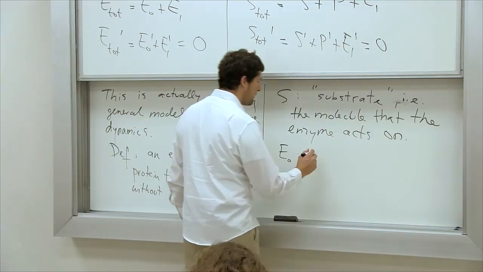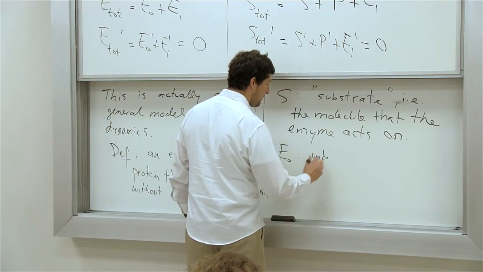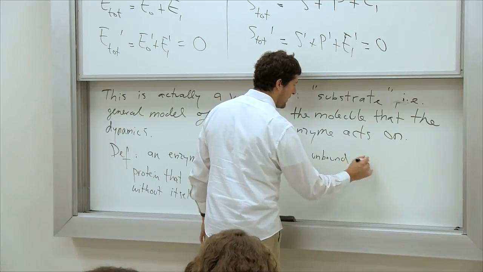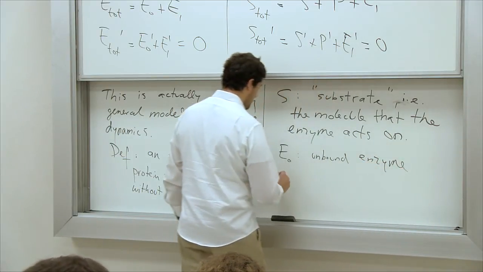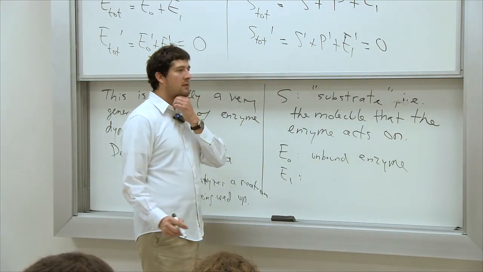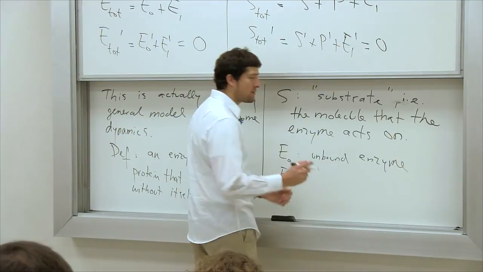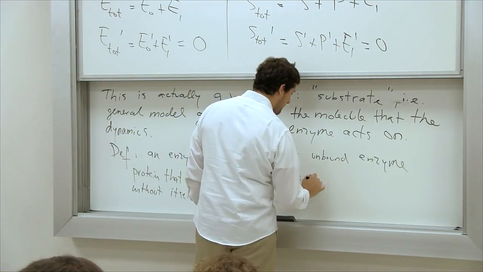So E0 is the unbound enzyme. E1 is what we could call the enzyme substrate complex. The enzyme comes and binds to the substrate and then forms this complex.